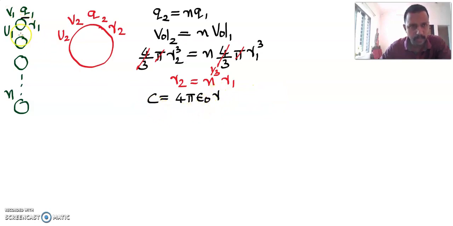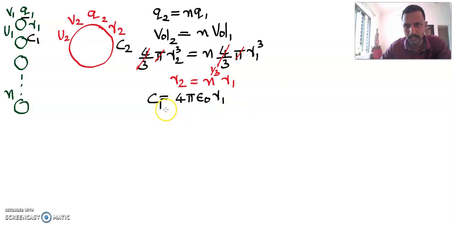Let's say the capacitance of the smaller liquid drop is C1 and the capacitance of the larger liquid drop is C2. For C1, the capacitance of the smaller liquid drop, we take the radius of the smaller liquid drop, R1, and 4 pi epsilon 0 is retained as such. Therefore, C1 is equal to 4 pi epsilon 0 R1.